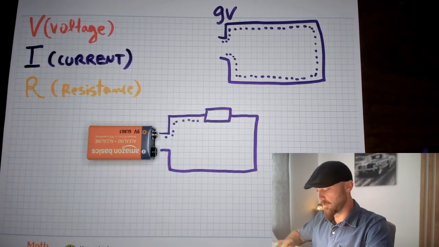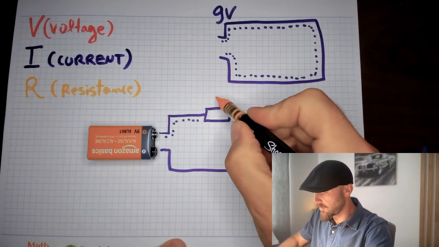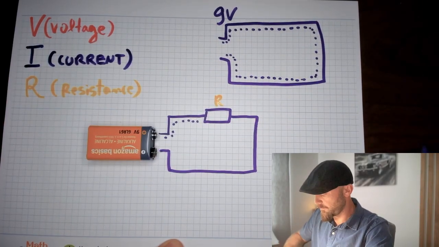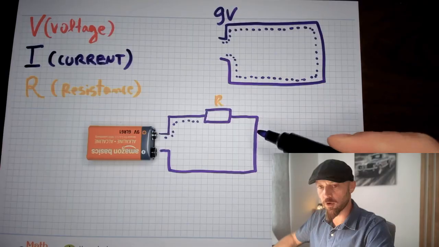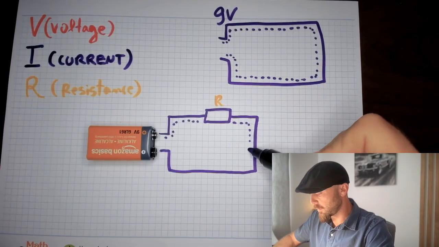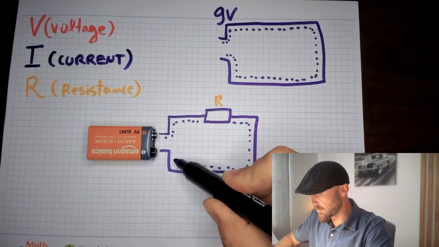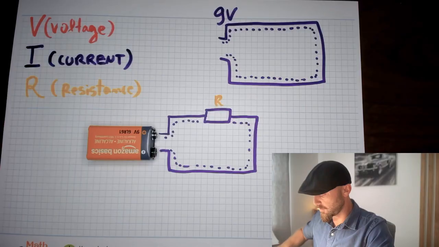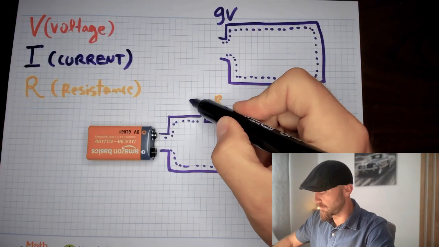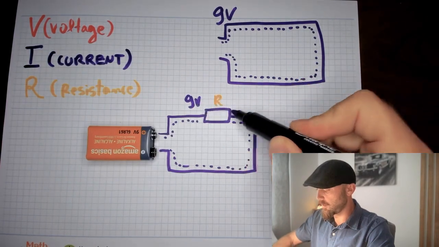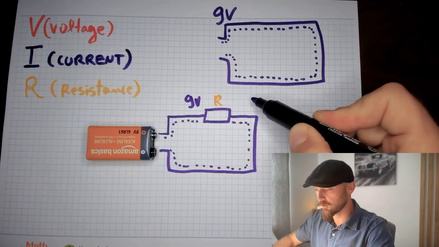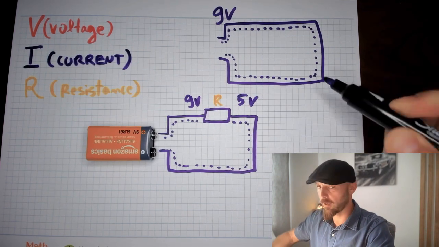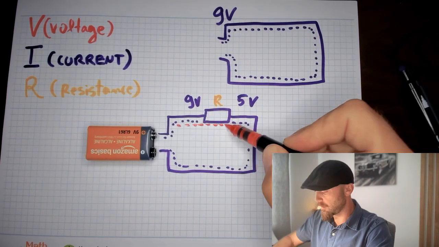However, as soon as it hits the resistance over here, it would drop. So by the time it comes back, depending on the resistor, it might go from 9 volts, and on the other side of the resistor, the pressure has dropped to perhaps 5 volts.